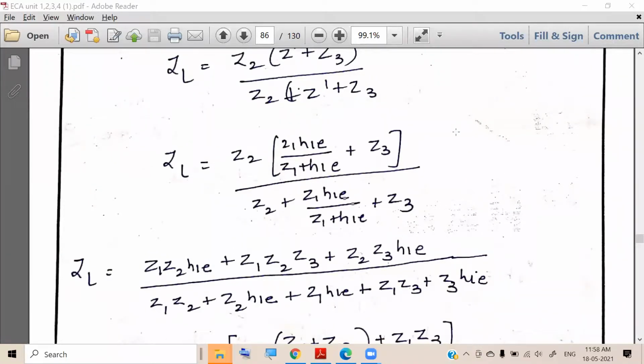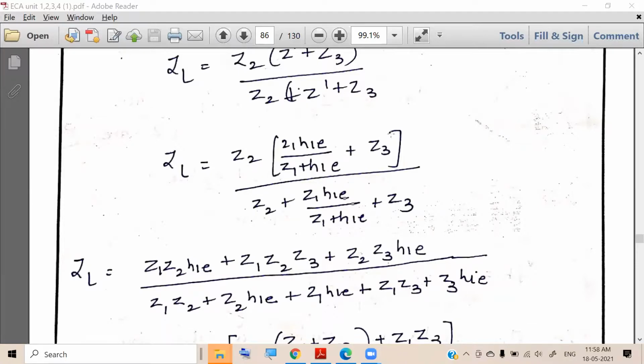Multiply the numerator term with Z1 plus HIE, and also multiply the denominator term with Z1 plus HIE.